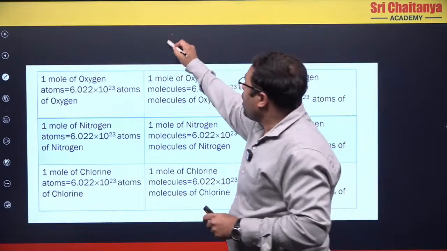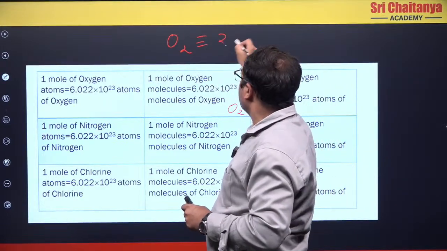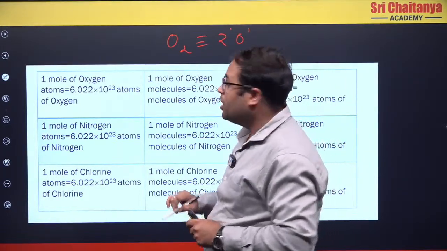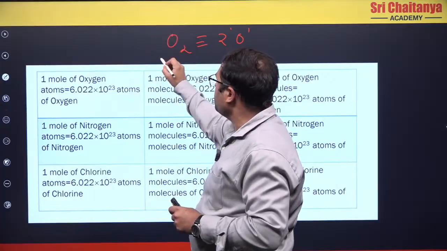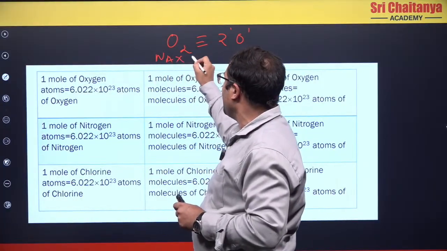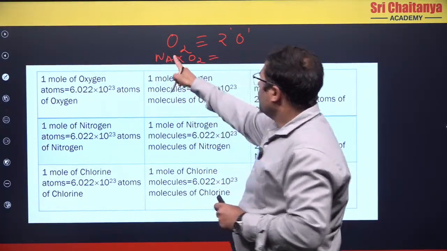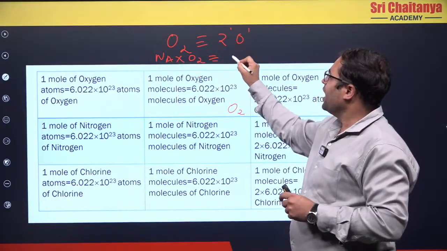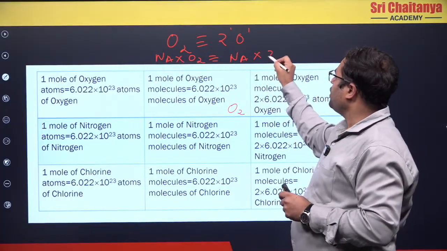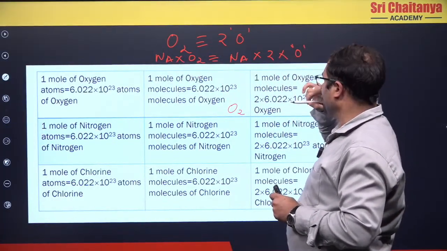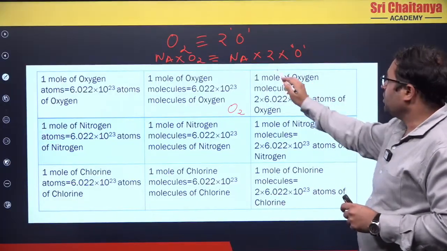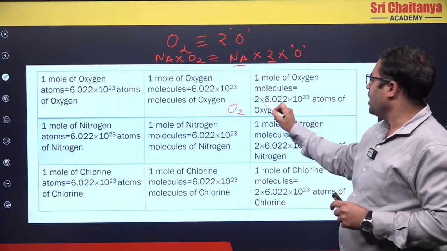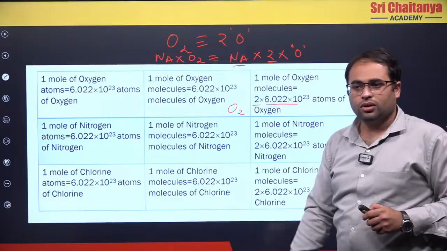See, 1 oxygen molecule has 2 oxygen atoms. So if you have 1 mole of oxygen molecules, that means N_A multiplied by O2. Both sides, you get N_A multiplied by 2 O. So that is what is written here, 2 N_A.